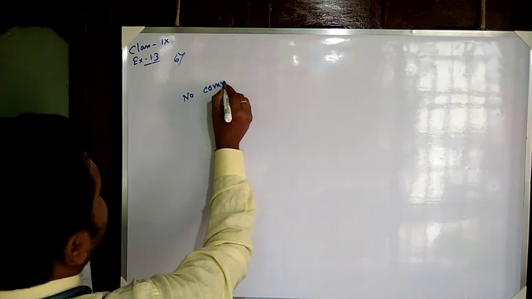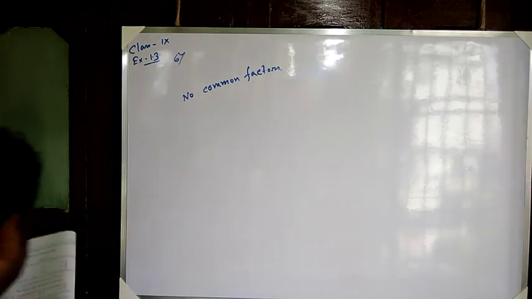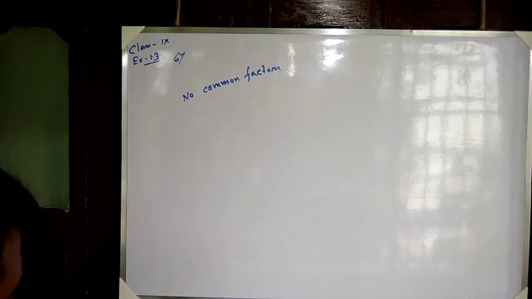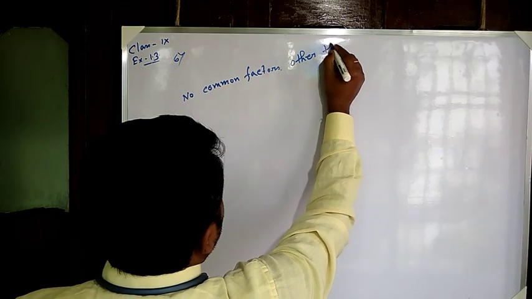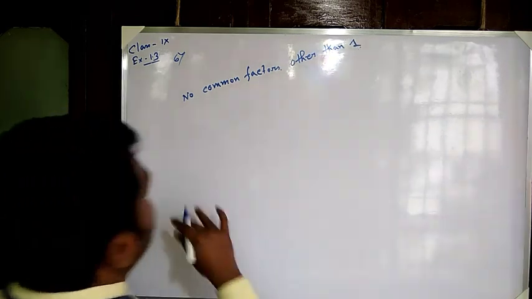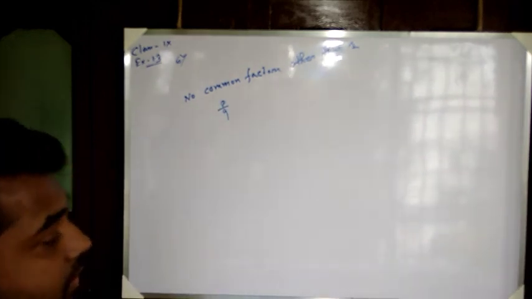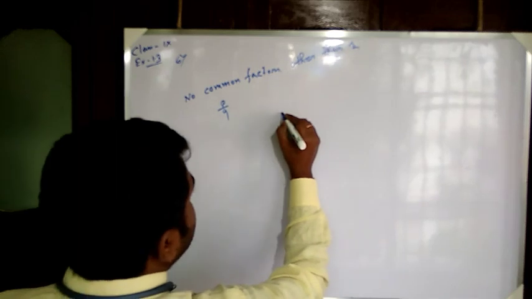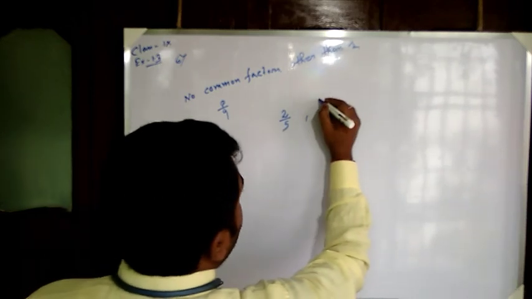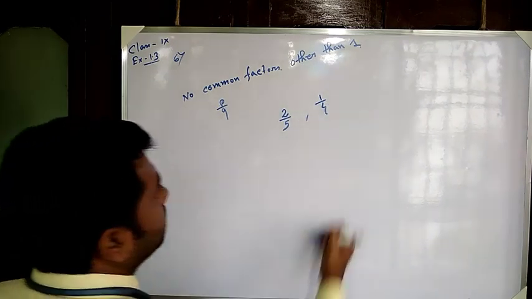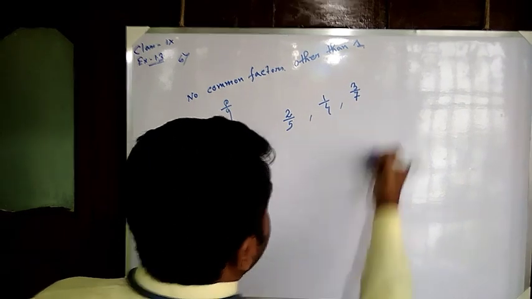No common factors other than 1. So p by q are like, suppose, 2 by 5, 1 by 4, 3 by 7.